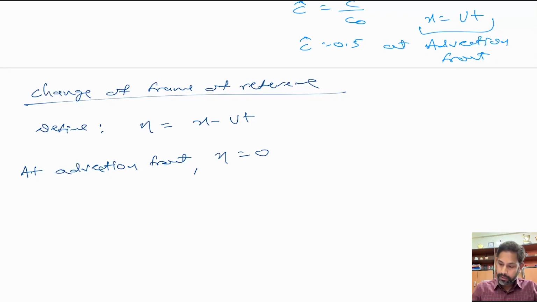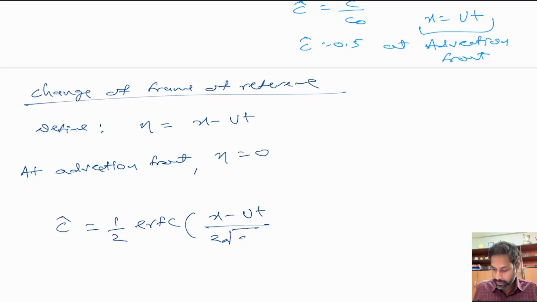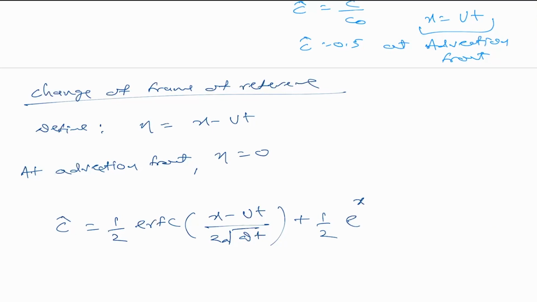We are not going to do the full derivation here, but the formula that we get in this case is given by C hat is equal to 1 over 2 ERFC, this is the complementary error function that we have defined, of (x minus ut) over 2 root dt, plus half e to the power x u over d, ERFC of (x plus ut) over 2 root dt.